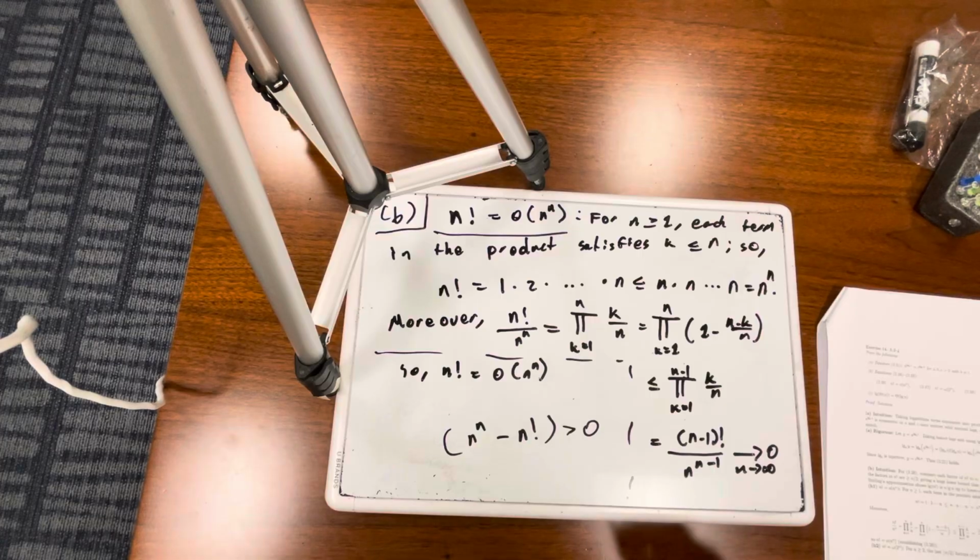So we have 1 factorial, that's equal to 1, and 1 to the 1 is equal to 1, right? So in which case that would actually be equal to... Okay, I need to think about little o of n to the n. Is it the case that it is strictly so?